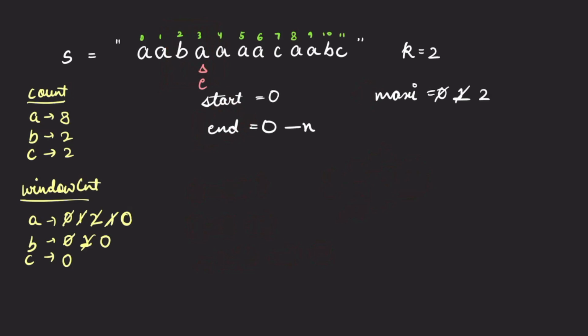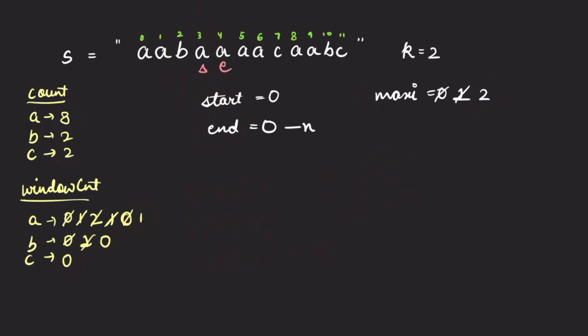So that is okay. Now in the next iteration, our end will come here. Now we have considered A, so the count of A will become 1. And again we will check: 8 minus 1 is 7, okay. 2 minus 0, 2, okay. 2 minus 0, 2, okay. So again we will move our end forward, and the maximum won't be updated because that window's length was 1, which is smaller than 2.